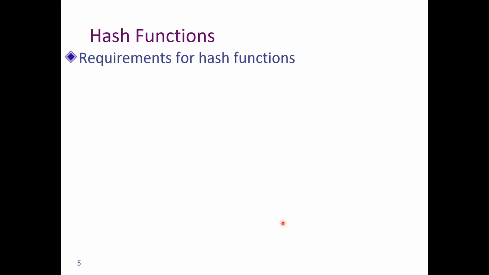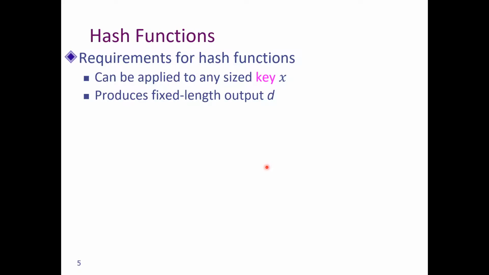So what are the common requirements for the hash functions in order to be useful? Usually we require the hash function can be applied to any size of input key, x. So x is the input, and it should be any size. And it will produce a fixed length output d, all right?